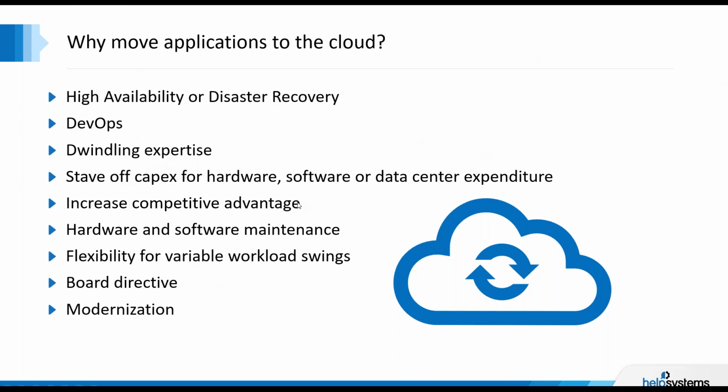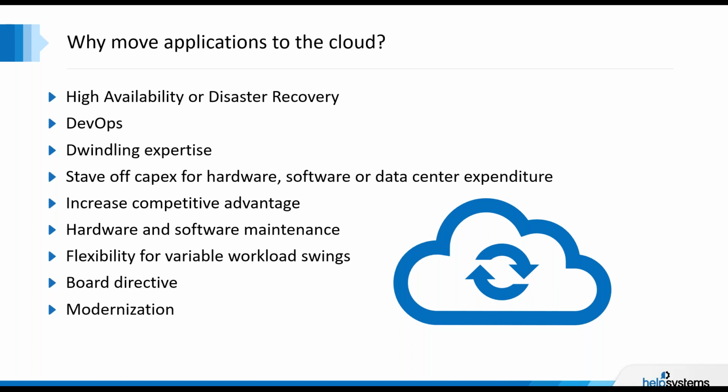So let's take a look at some of the reasons why you might want to move applications to the cloud. HADR: probably the most popular reason right now to use cloud for IBM i is for HA and DR. We work with many customers that maybe haven't previously considered an HA solution, maybe because they don't have a second data center, or maybe their pockets aren't deep enough to invest in software and hardware for that just-in-case scenario.